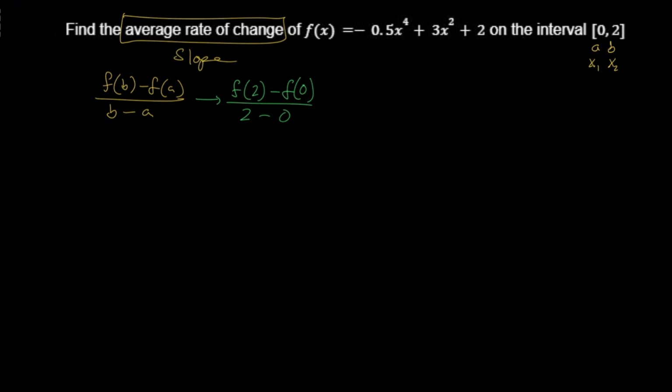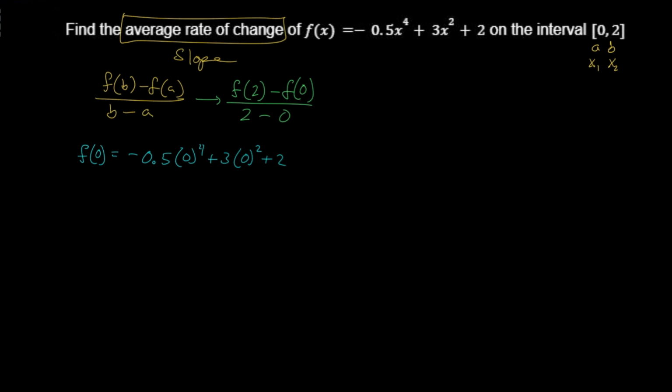Now the problem here is we don't actually know what f of 2 and f of 0 are, so we are going to have to go and find them. f of 0 just means to plug in 0 into the equation, so let's start with f of 0. So we would have negative 0.5 x to the fourth, which is now 0 to the fourth, plus 3 times 0 squared plus 2.